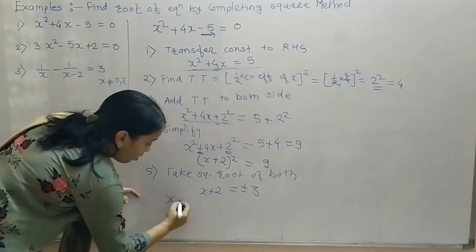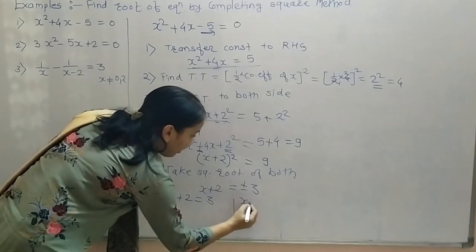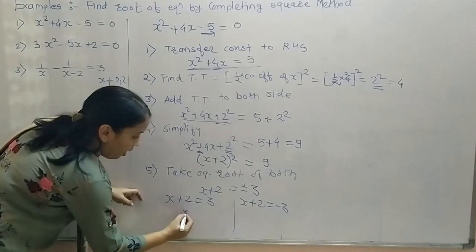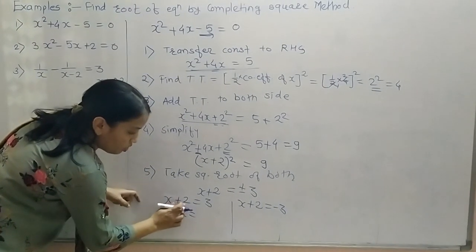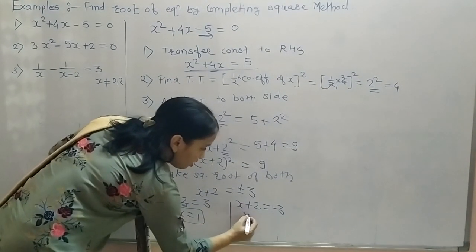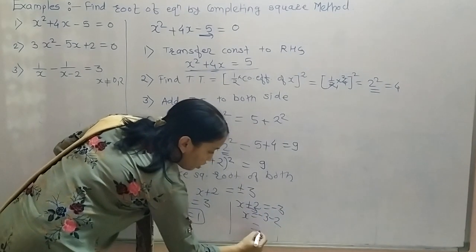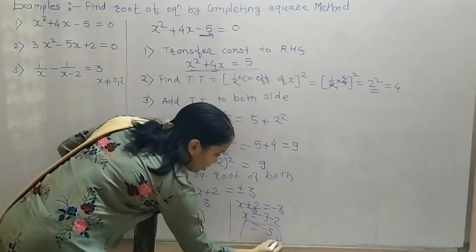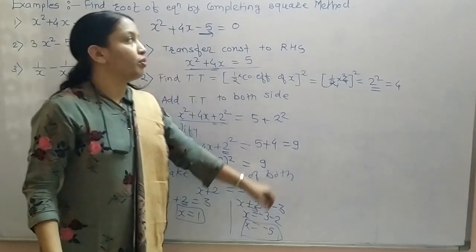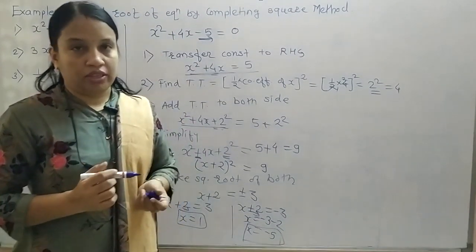First, x plus 2 equal to plus 3, and another, x plus 2 equal to minus 3. Now x is equal to 3 minus 2, that is 1. This 2 gets transferred. Here x is equal to minus 3 minus 2. This plus 2 becomes minus 2. It will be minus 5. So x is equal to 1 and x is equal to minus 5 are the roots of the given equation by the completing square method.